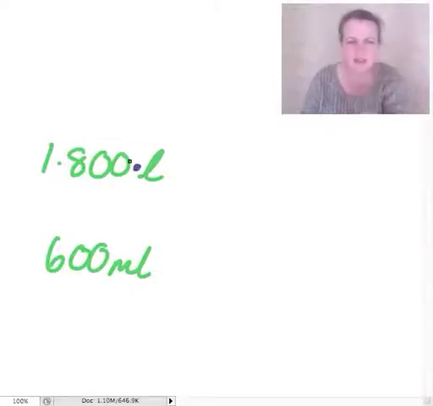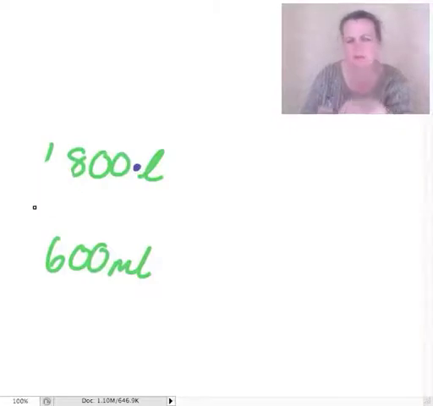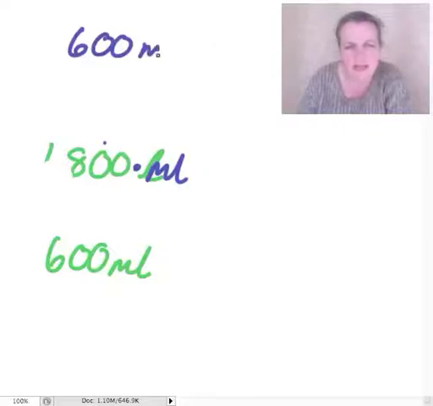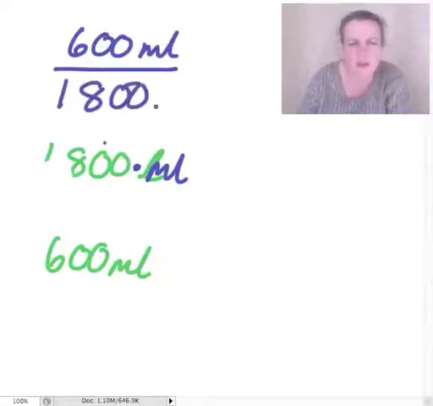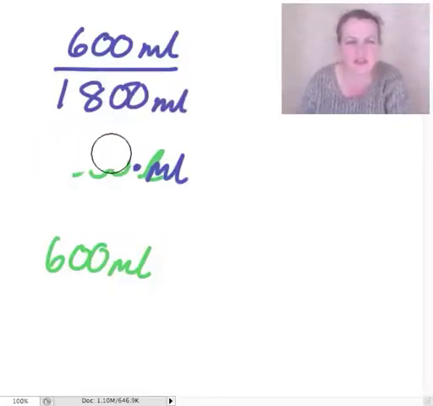So our decimal point moves there. Not very neat, is it? But now it is millilitres. So now we've got our 600 millilitres out of 1,800 millilitres. And that's why they gave us those noughts, so that we could just count it through.